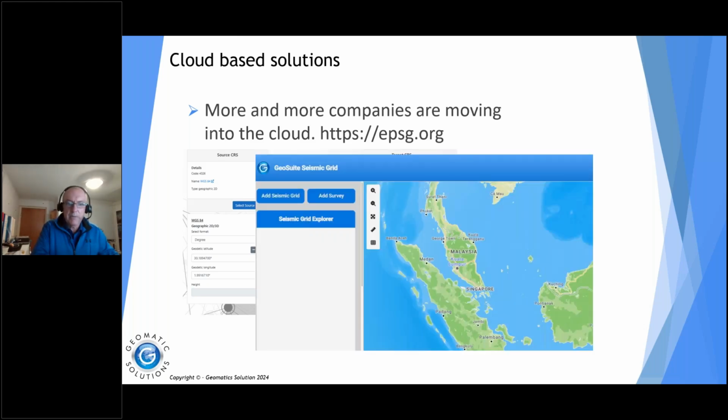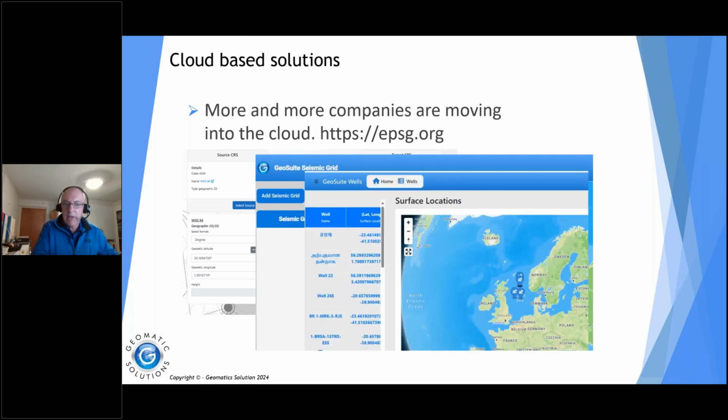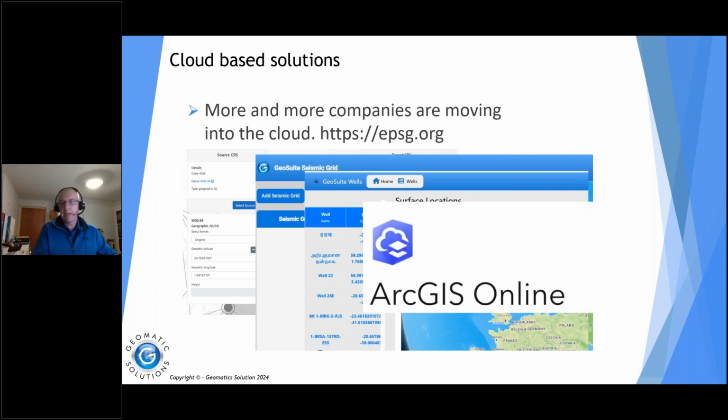We have seismic binning grids applications in oil and gas that talk directly to the EPSG registry or to the company's own registry. We have a well application in the same way that talks to the EPSG or the company's own registry, and we have ArcGIS Online, for instance. That is another cloud-based application for this.